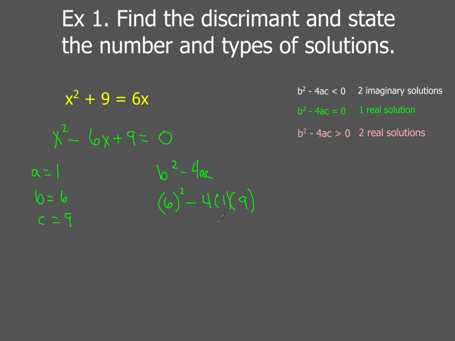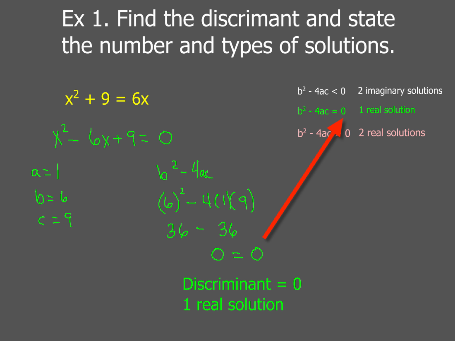So 4 times 1 times 9, that is 36, minus 36. 6 squared is 36. Now when I subtract 36 from 36, I get 0. So my discriminant equals 0, which means I have one real solution.